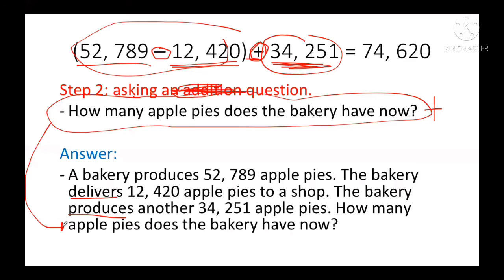Apple pie, bakery. Patients, hospital. Books, bookstore. Books, library. Right? So you need to align your word with the place you want to put in your problem. Did you understand now? All right, very good.